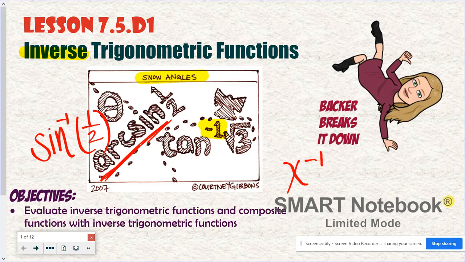Otherwise, it would give me a really weird decimal to represent pi/6 in radians. If I did arc sine or inverse sine of -1/2, all of a sudden my calculator is telling me it's -30 degrees, which is -pi/6 radians. And it's like, well, why is it doing that? I'll tell you why.